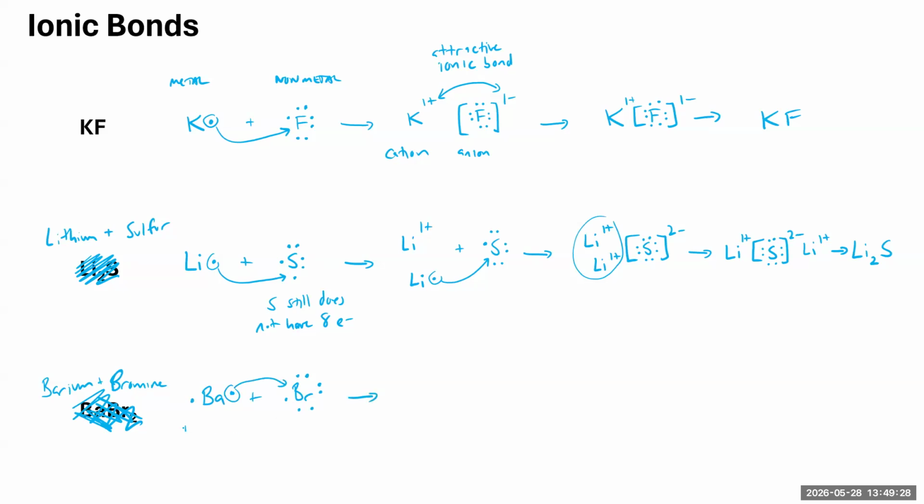But barium still wants to get rid of its last electron. So another bromine shows up. All right, this is the bromine that has the 8, right?